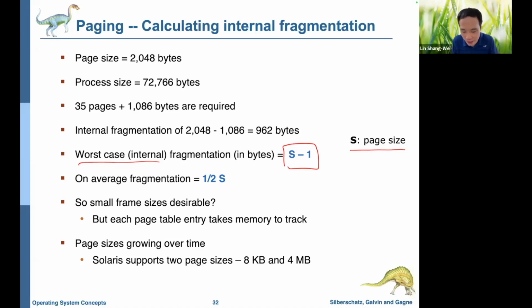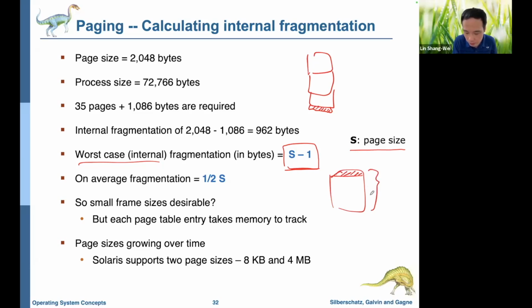So the worst case happens when your process has just one more byte, just across the border. Because of this one more byte, you need one additional page for that, and S minus 1 of it is wasted, and in this page only one byte is occupied.